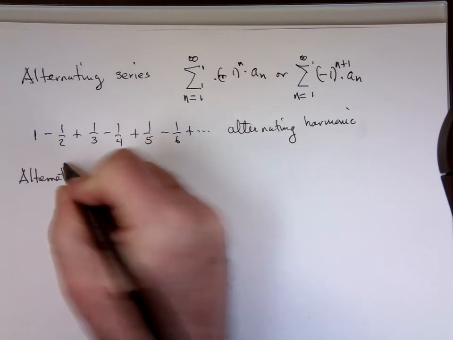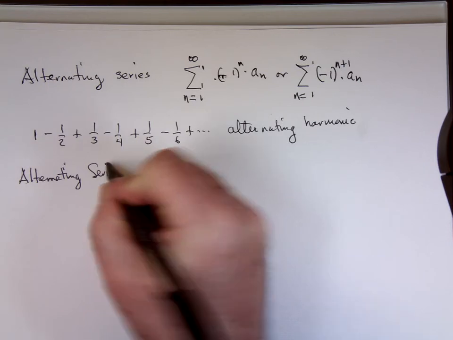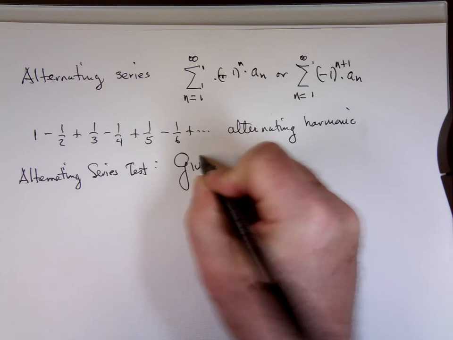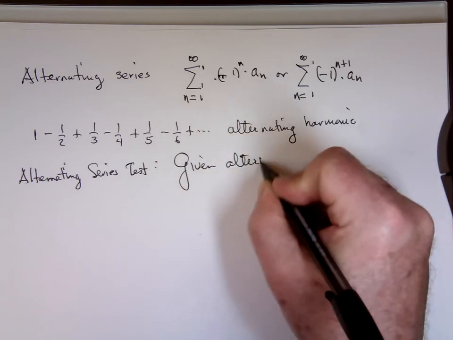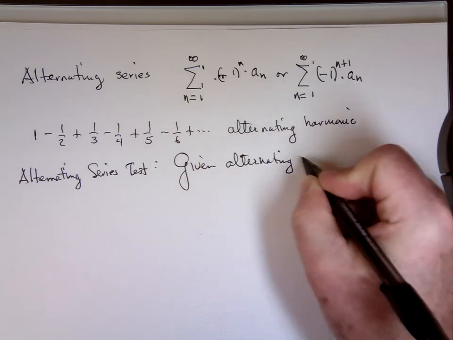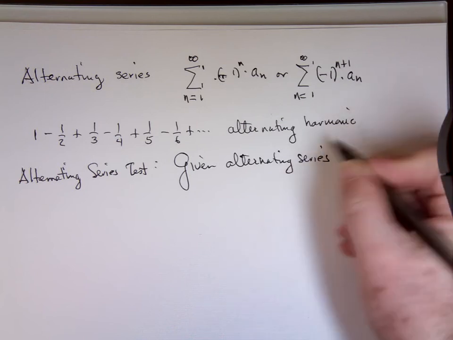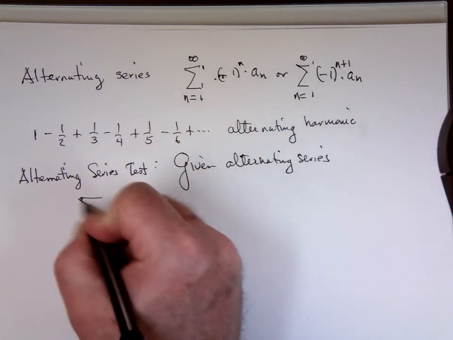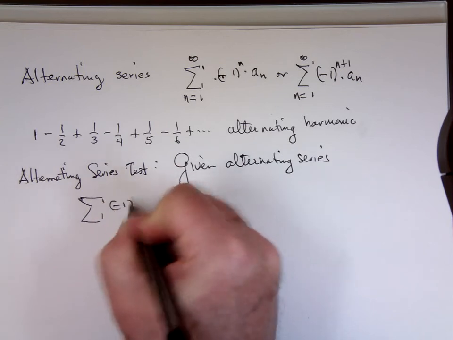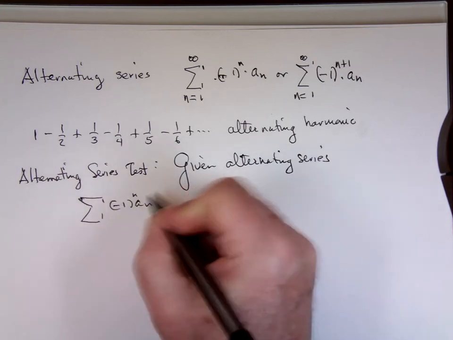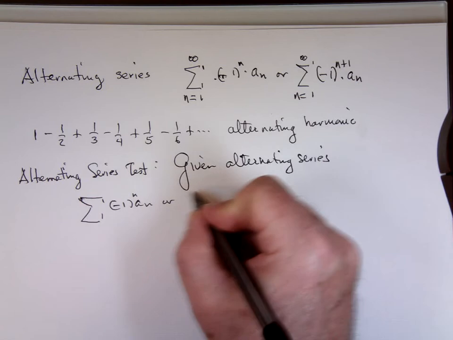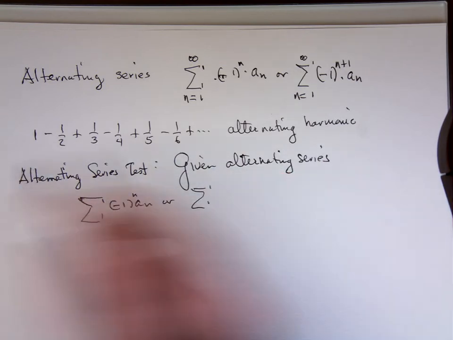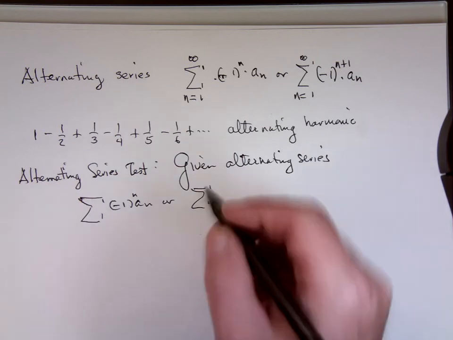Given an alternating series, it's either one of those two. Sometimes they'll start with a positive, sometimes they'll start with a negative, but they alternate. Given an alternating series, either one, it doesn't really matter.